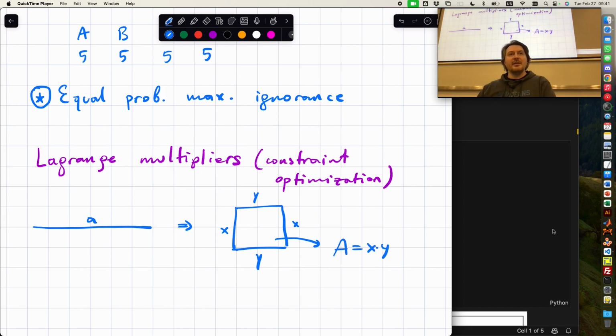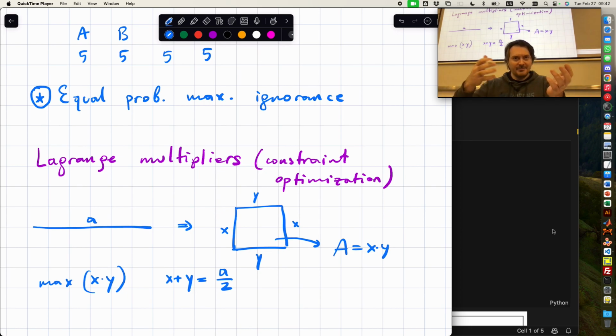So you want to maximize X times Y, but you have a constraint. You can't just put X to infinity, Y to infinity. X plus Y has to be A over 2, right? Does it make sense? In other words, 2X plus 2Y is A.